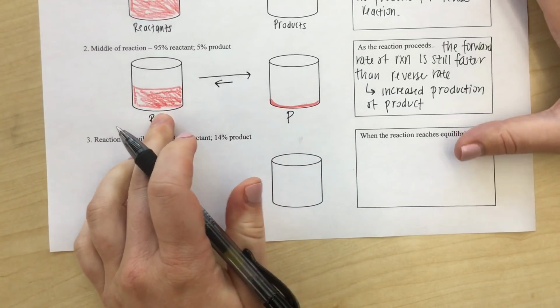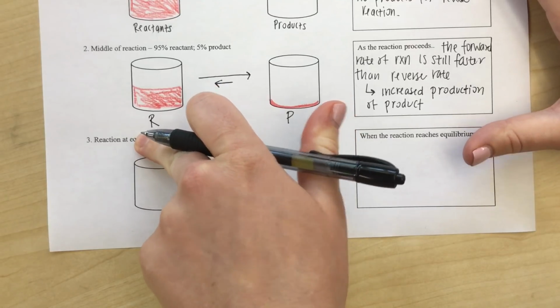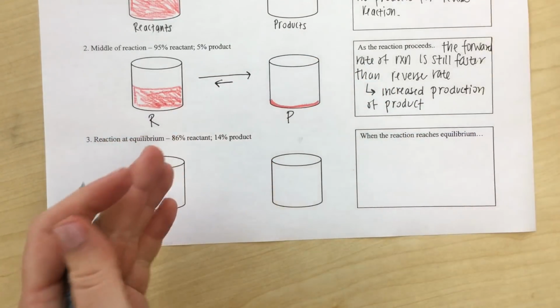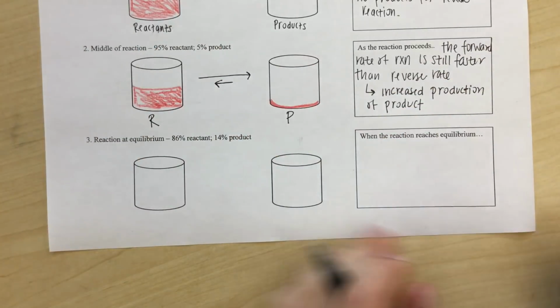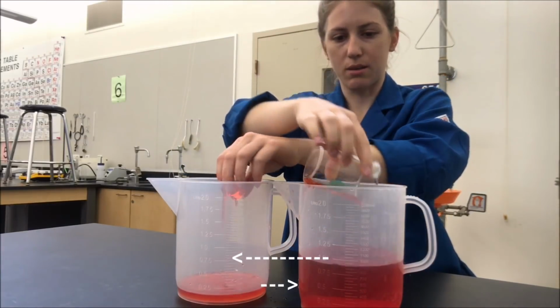So at this point, we still have more product being made than reactants are being made. So the forward rate is still greater than the reverse rate as we're moving towards equilibrium. And I can keep going.